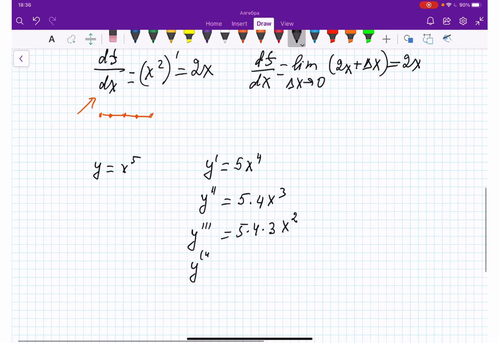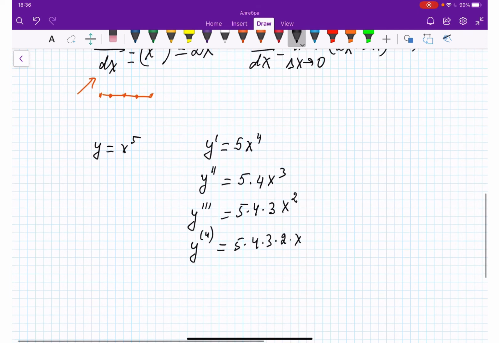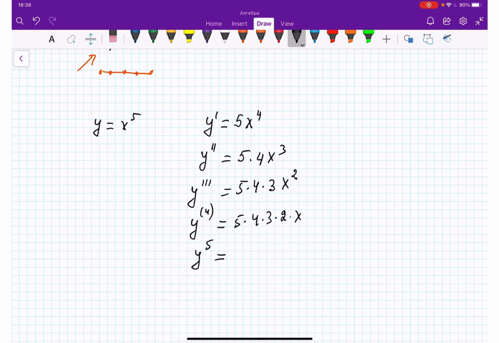The fourth derivative, after 3 we put it like that, is equal to 5 times 4 times 3 times 2 x, right? And for the fifth derivative, we will have 5 factorial, right? Because this time it's going to be the derivative of x, which is 1.